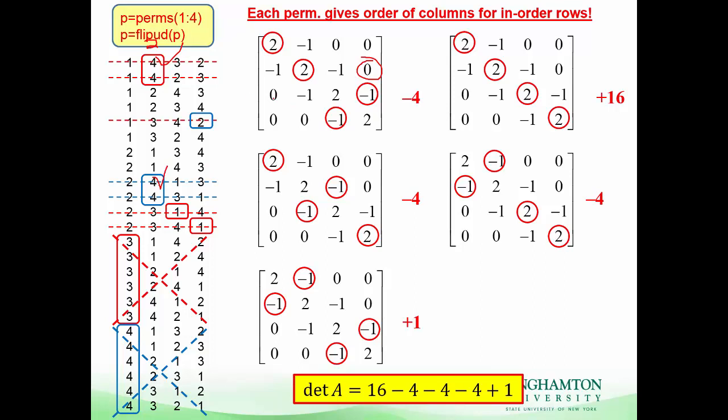Row 3, column 1. I need to go down this column looking for places where I have a 1. Well, there's 1, but I already took care of that with row 2. So there's 1, so that one's gone. And there's other places where it occurs, but it's already been annihilated because of previous things. Okay, now let's go down to row 4. I've got column 1 and column 2.